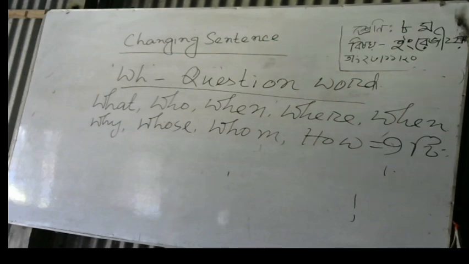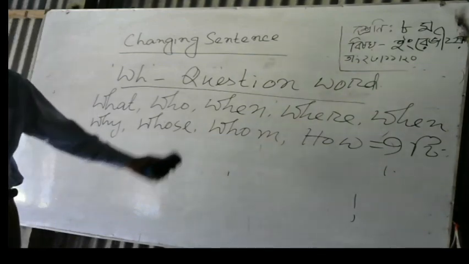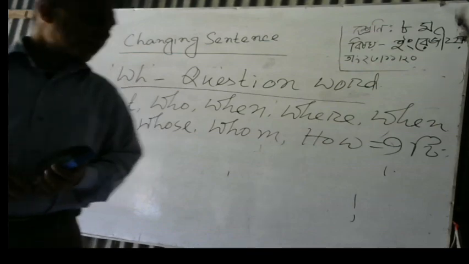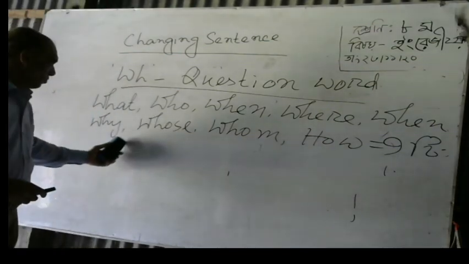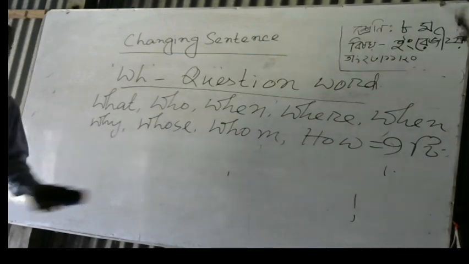But there are some characteristics. When you use a WH question word to make a question, you must write down a be verb or do verb after the WH question word.